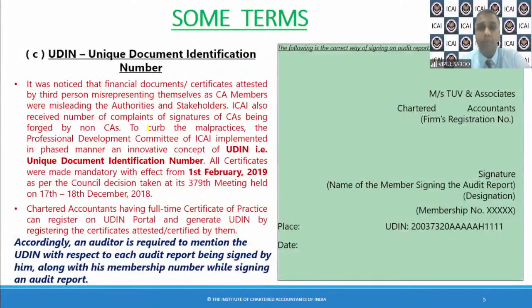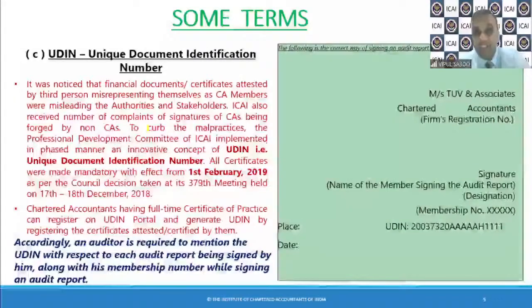So this was a problem being faced by our professional community, that their stamps, their signatures were being forged on fraudulent documents, and there were no means to verify it, rather than just asking the chartered accountant who had signed those documents, communicating with them, which cost huge time to each and everyone.